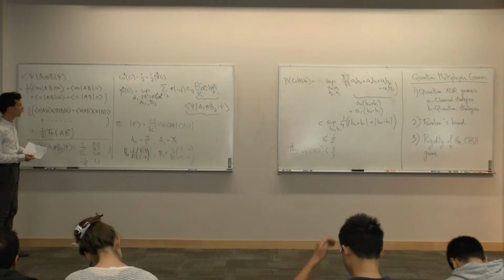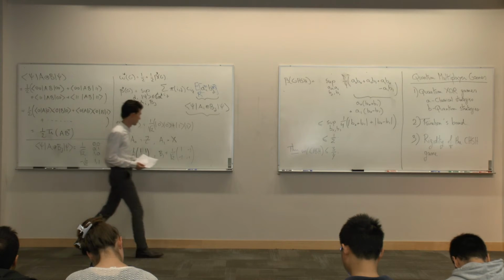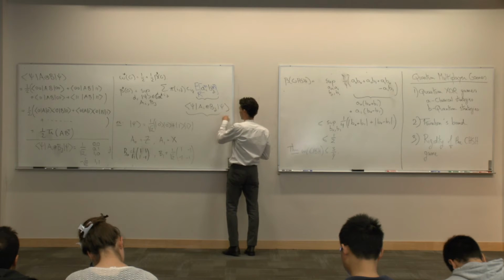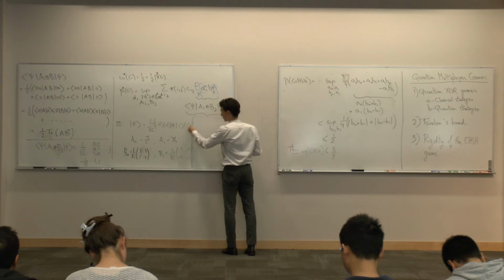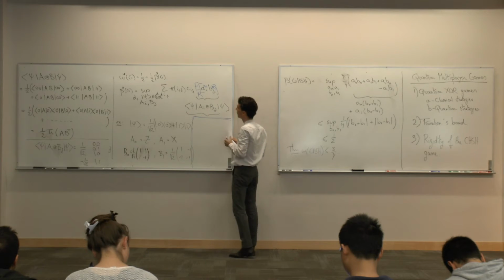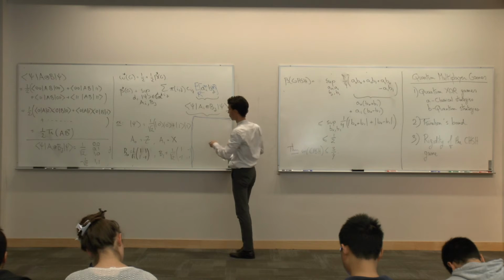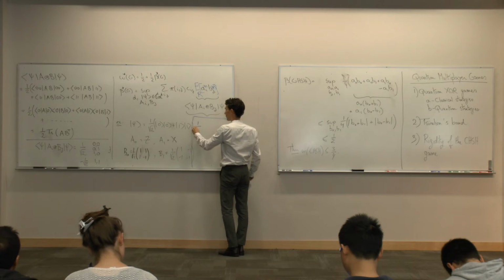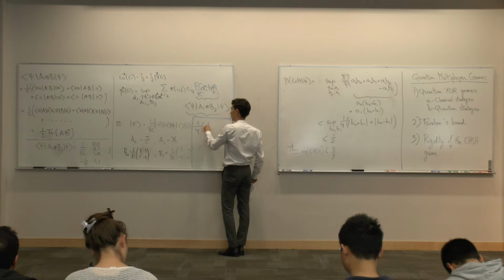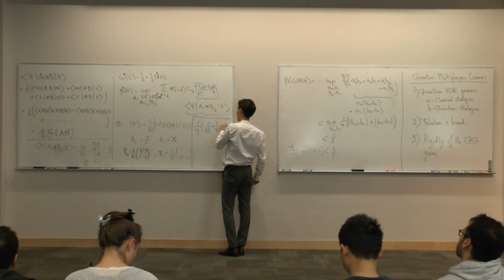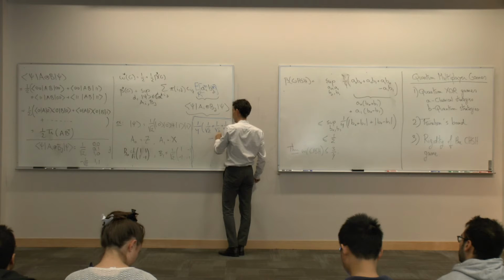And so we can compute how well they do for this bias. So I'm going to get a quarter times 1 by root 2 for the first, plus 1 by root 2 for the second, plus 1 by root 2 for the third, minus 1 by root 2 for the last one.